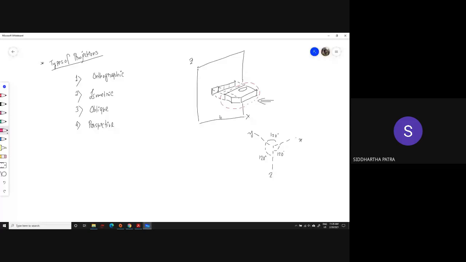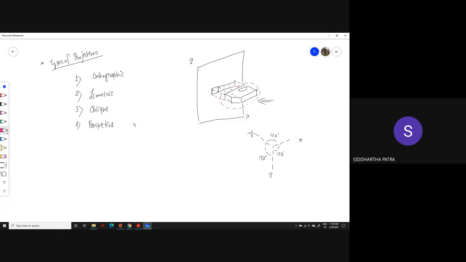Now in an oblique projection the angles are not necessarily uniform. Some of the angles could be larger than 120 degrees and some of them would be smaller. Obviously the sum of all the angles is going to be 360 degrees.